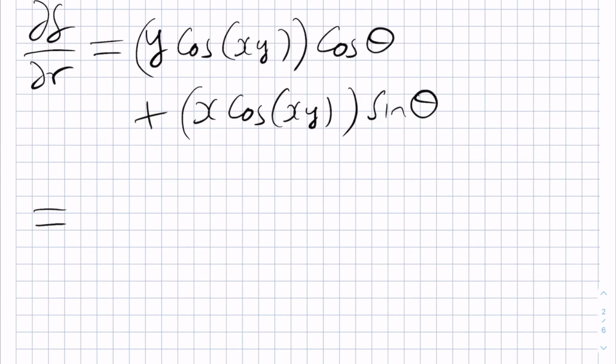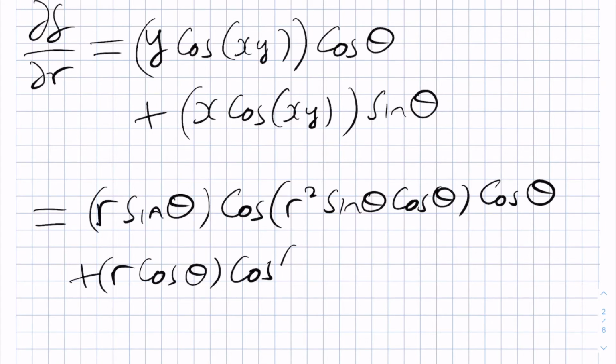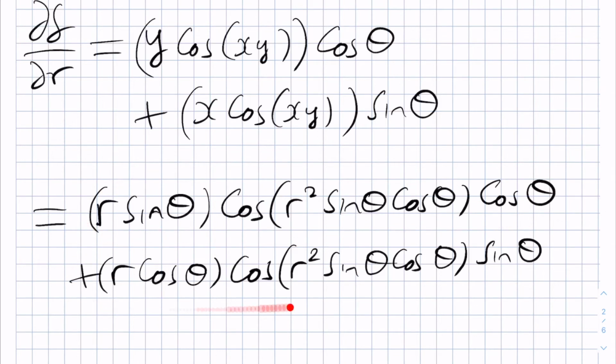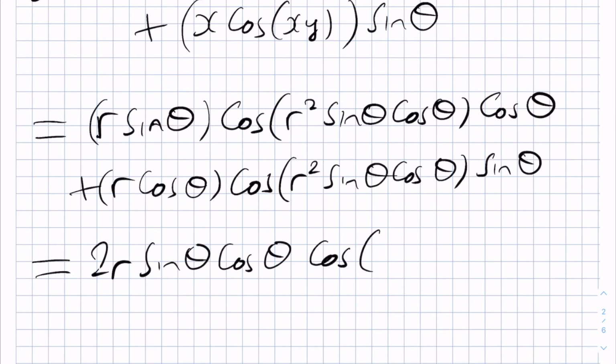So we have r sin θ for y, and then we have cos xy, so cos of r squared sin θ cos θ, and then a cos θ. Then we have r cos θ, cos of r squared sin θ cos θ, but then a sin θ. And therefore, these two terms are in fact the same, so we have 2r sin θ cos θ cos of r squared sin θ cos θ.